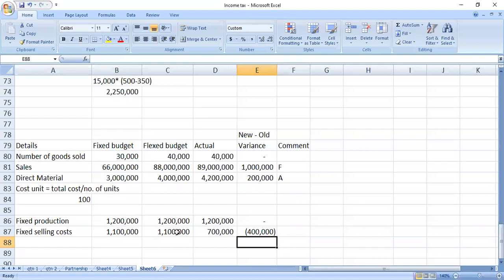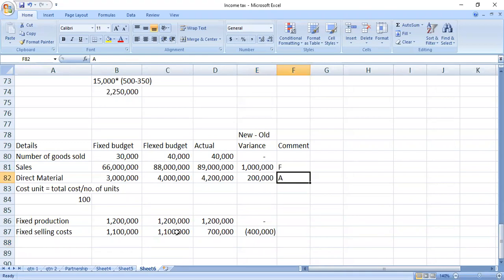On the direct material, you got actual minus flex budget, you got 200. Why did you have to say it's adverse? I thought we already talked about that.